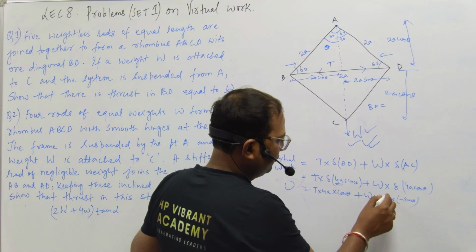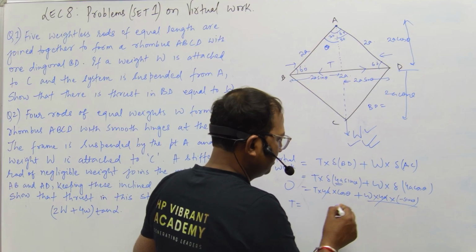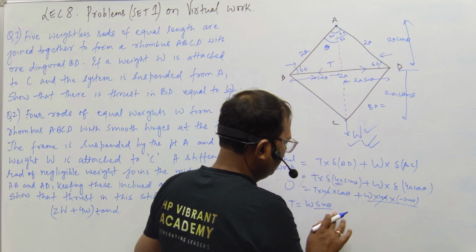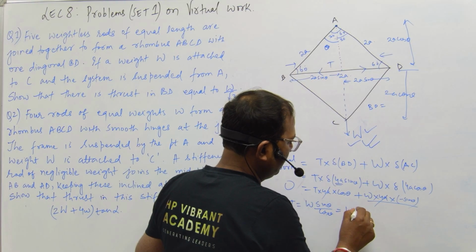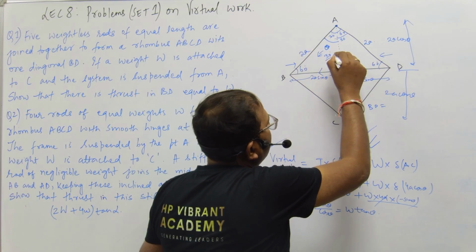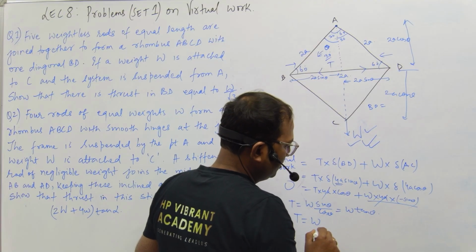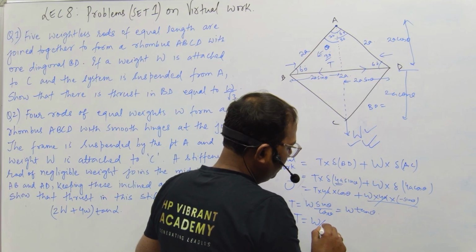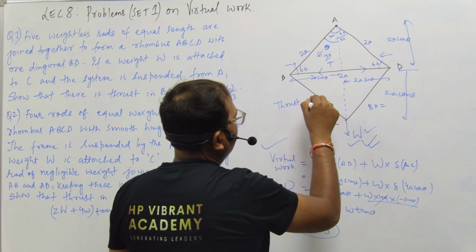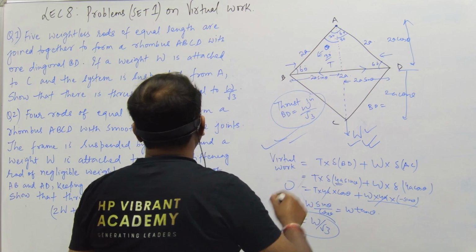The 4a gets cancelled, so T is equal to W sin theta upon cos theta, which is W tan theta. With theta as 30 degrees, we have W tan 30 degrees, and tan 30 is 1 upon root 3, so the tension is W upon root 3. So the thrust in BD is equal to W upon root 3. Let us discuss question number 2.